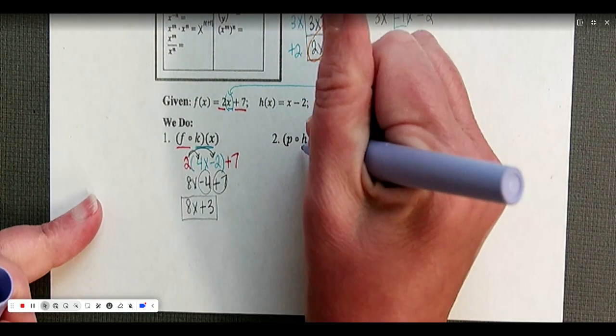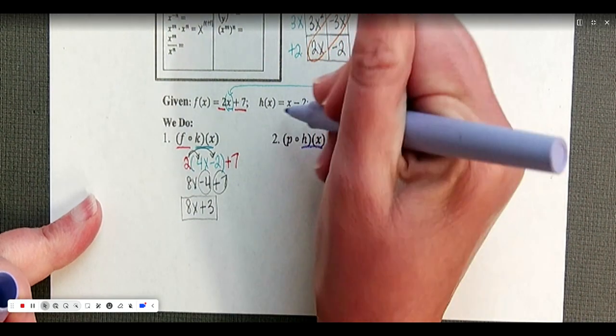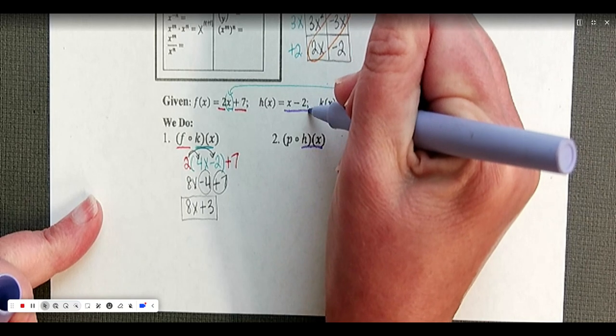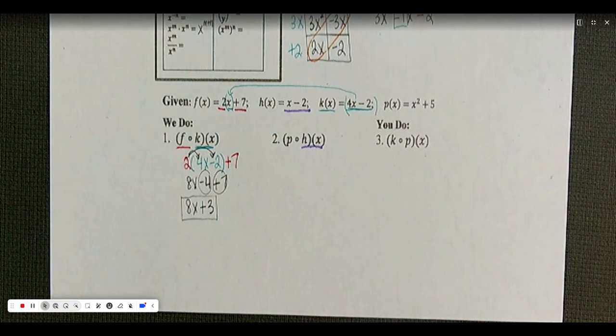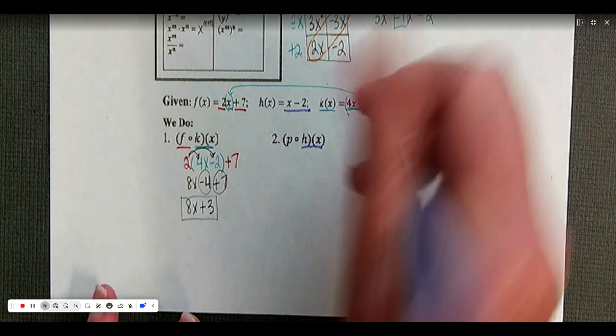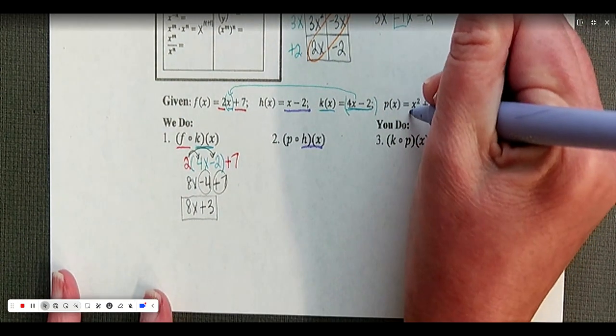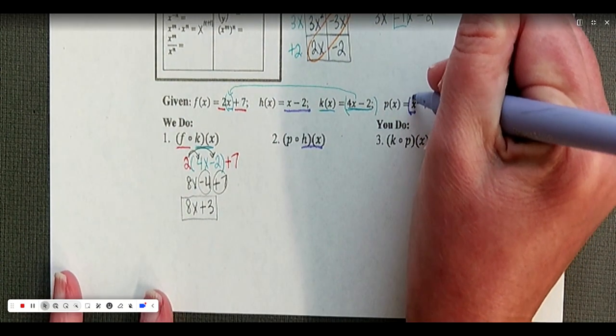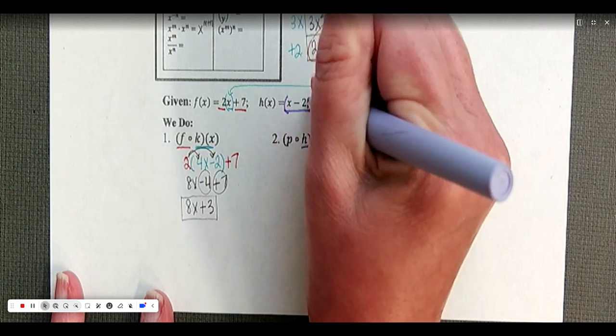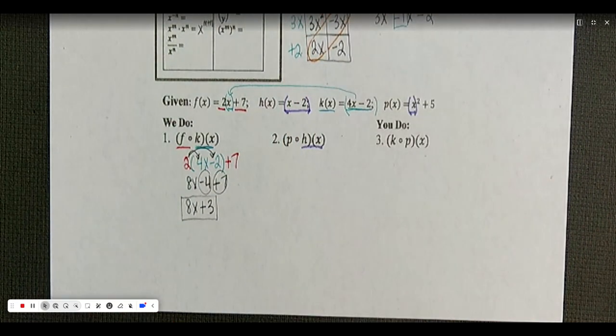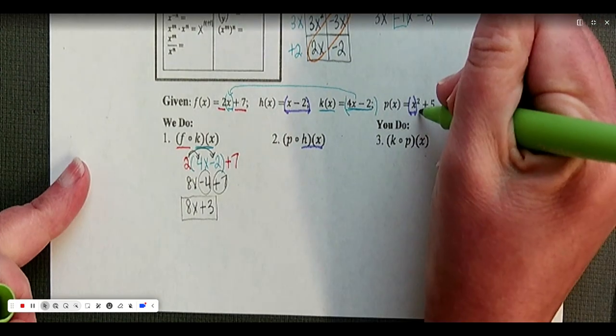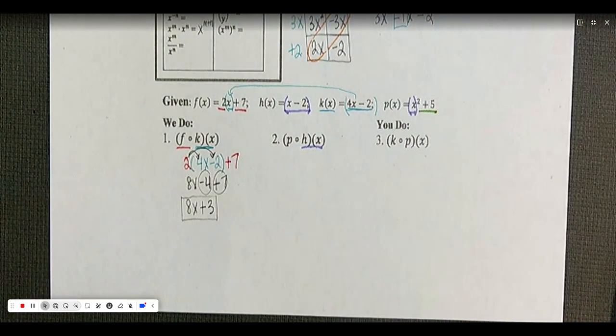So I'm taking this inside function h of x, which is x minus 2, and it's going to become the x in p of x, the outside function. So I'm putting that x minus 2 in my p of x. And so I'm going to put a squared after it and a plus 5.